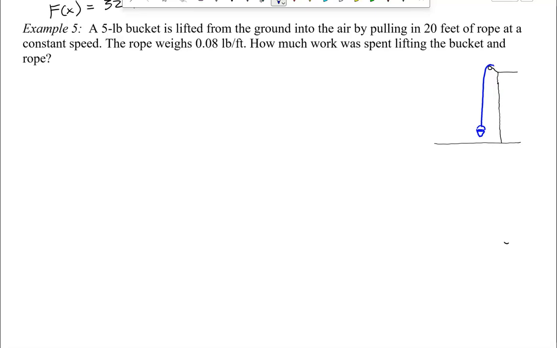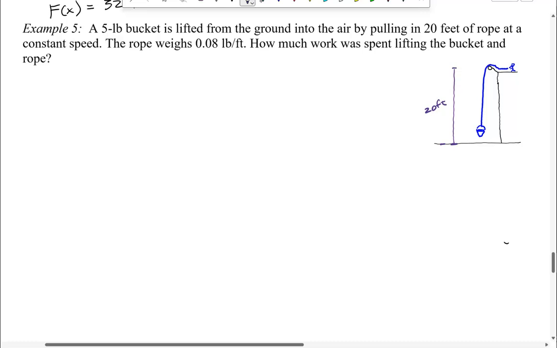The way we're going to deal with this is first realize, and right, this is being pulled, right? There's a person up here pulling it like that. So we're dealing with 20 feet from top to bottom, right? So from here to here, that entire distance is 20 feet.